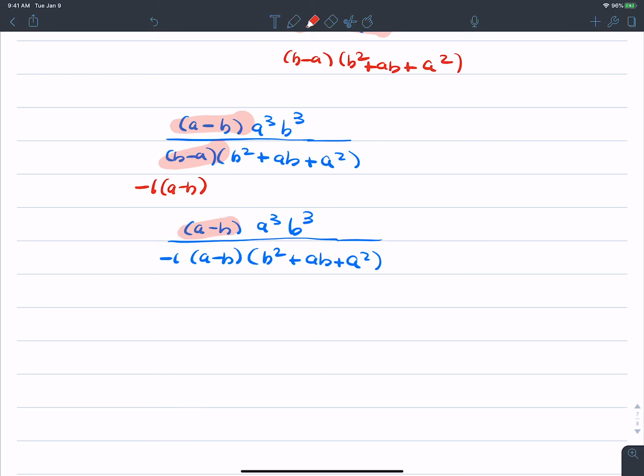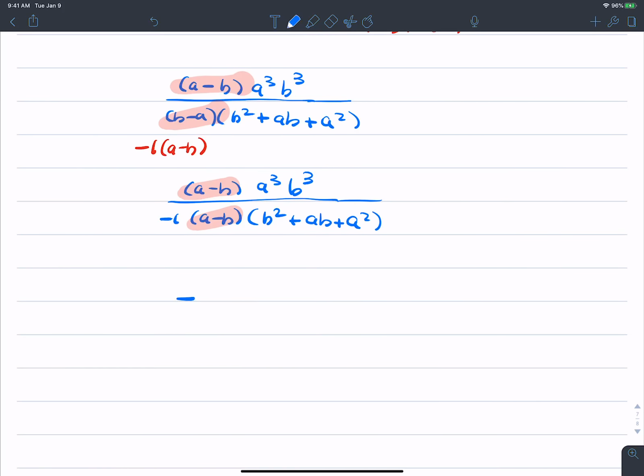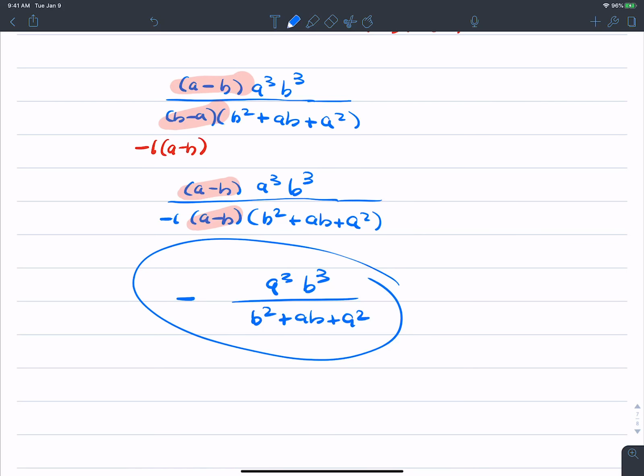So we got this a minus b canceling. It's gone here. So here we're going to end up with a negative a cubed b cubed, over that b squared plus ab plus a squared. And you're done.